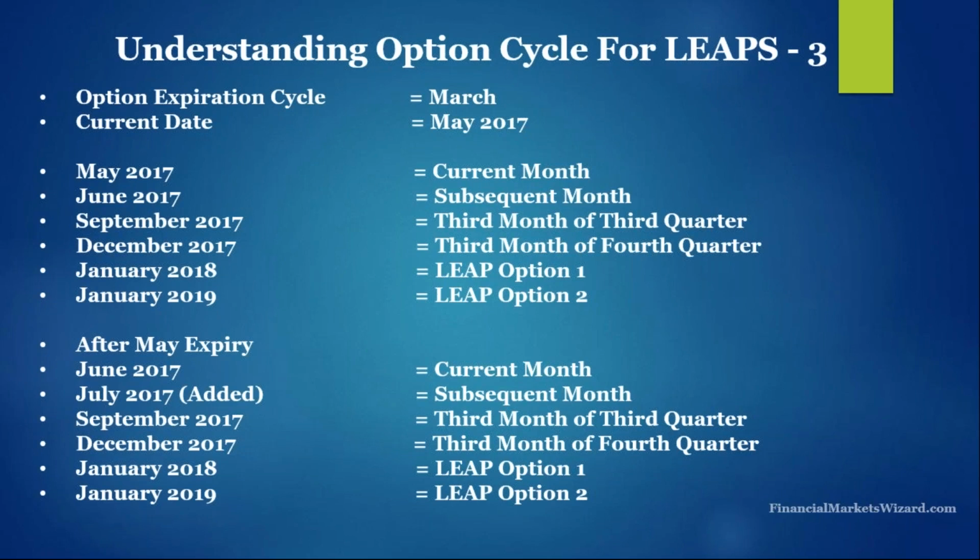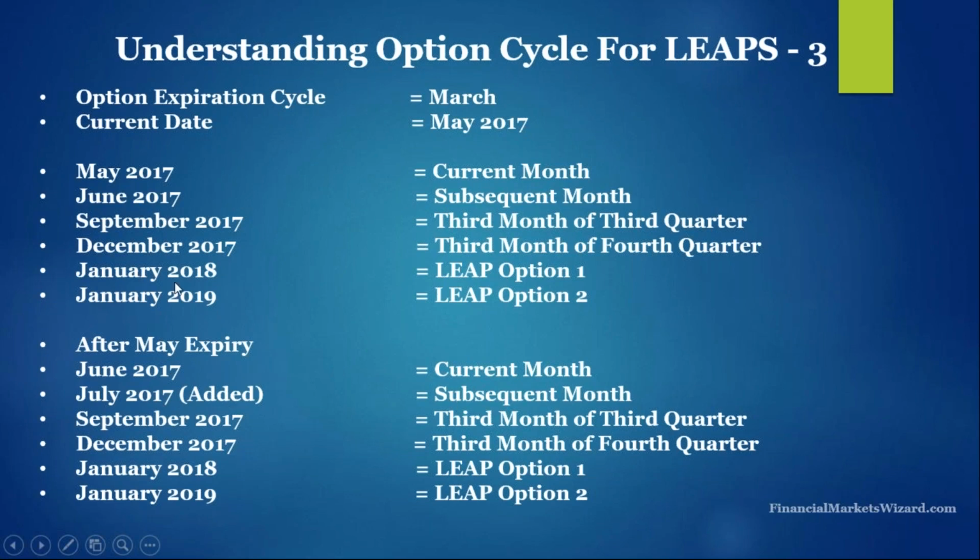But when the month of May expires, May is gone, so June became the current month. It was the subsequent month. So when June became the current month, they will add July as the subsequent month.